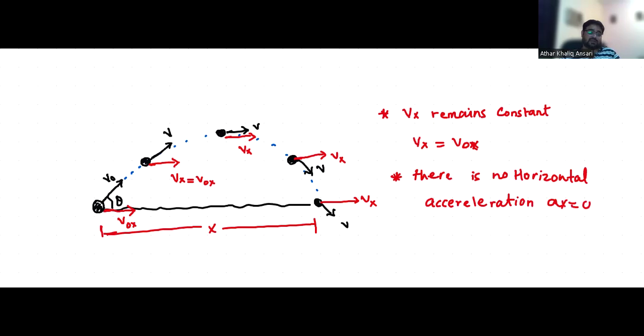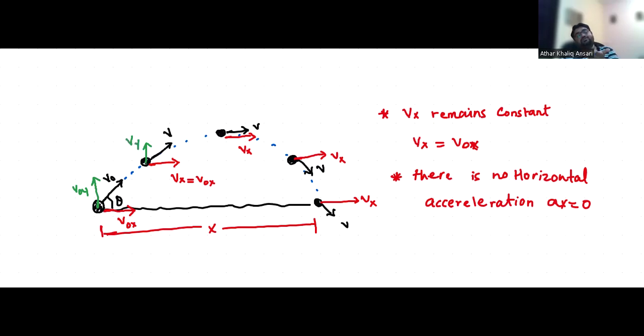On the other hand, if I show you the vertical components, initially its vertical component was v naught y. As it goes up, this v naught y starts reducing, because it purely behaves like when you throw something upward. The upward motion makes it reduce.